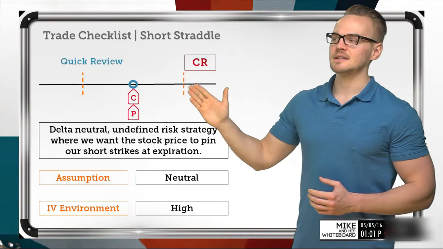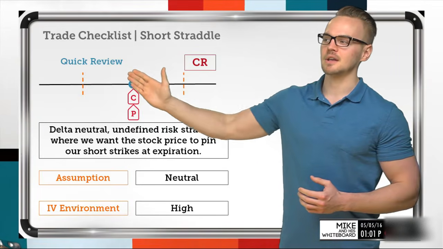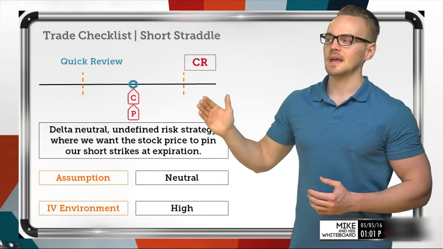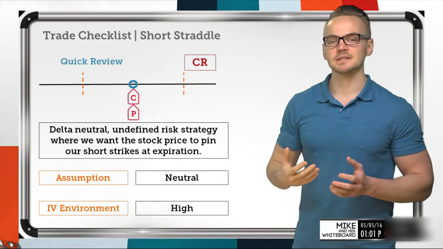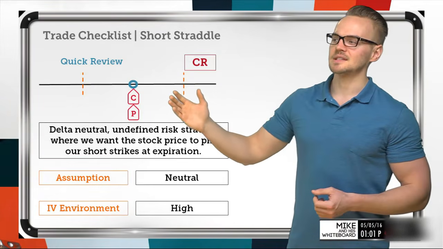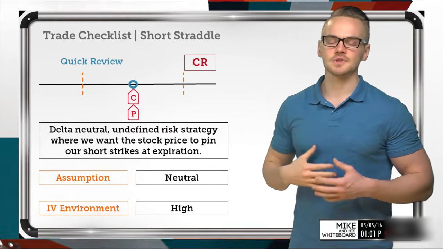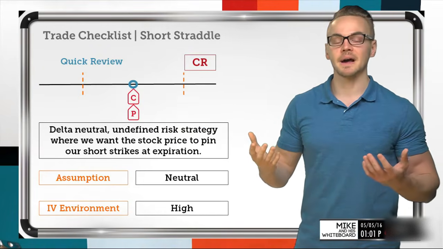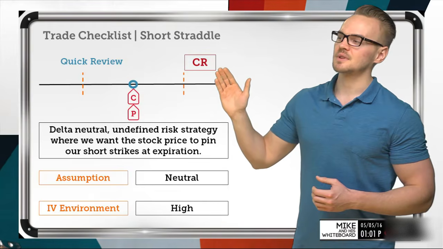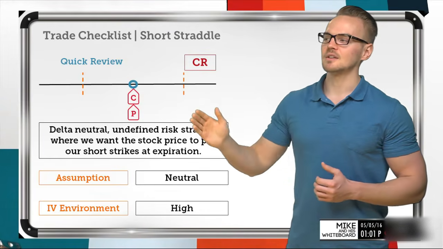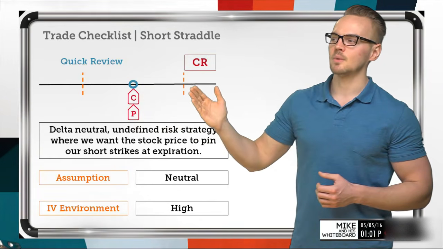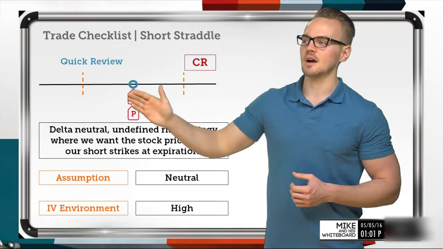Instead of having our short strikes out here, where they're completely out of the money and we have a high probability of success, we get a higher probability of success in this strategy, just in terms of comparing it to buying stock outright, because we're collecting that large credit, and that large credit moves our break-evens way out here, even though our strikes are right here.